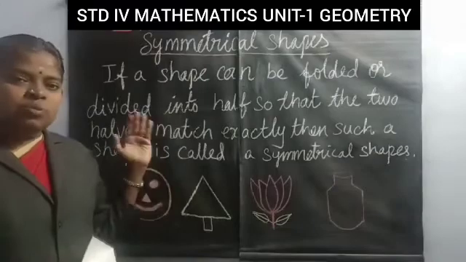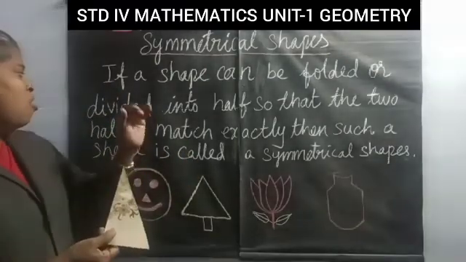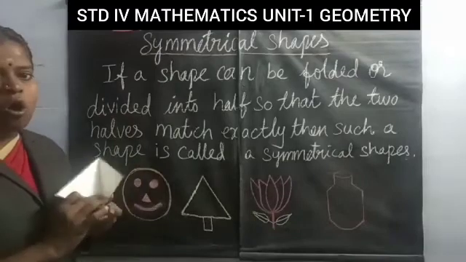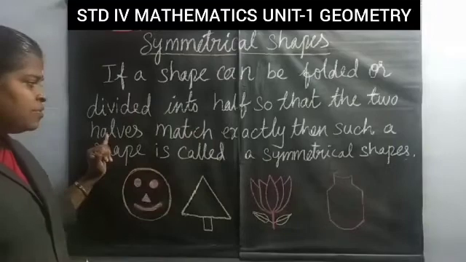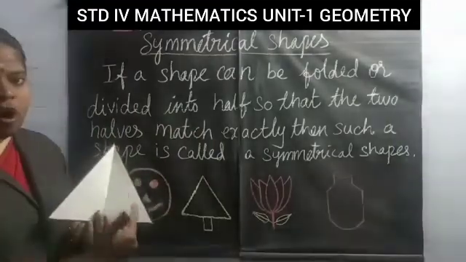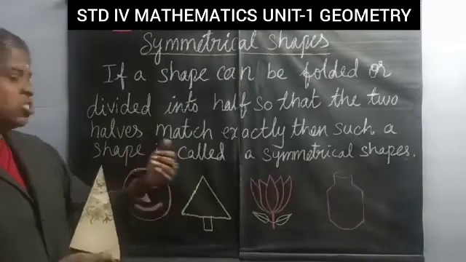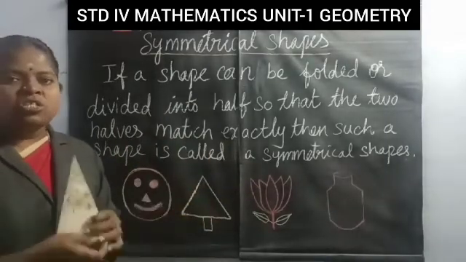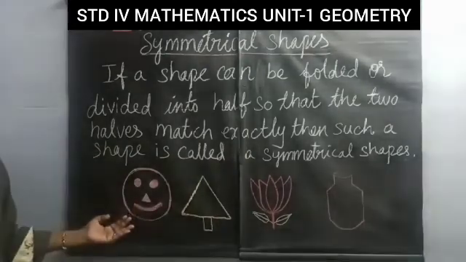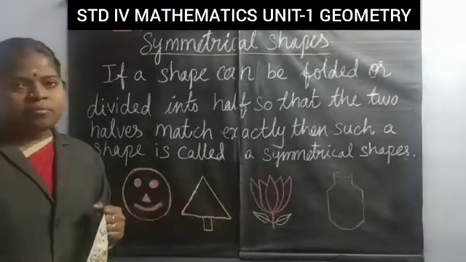Children, if a shape can be folded or divided into two halves so that the two halves match exactly, then such a shape is called a symmetrical shape. Example, smiley face, triangle, lotus and can.